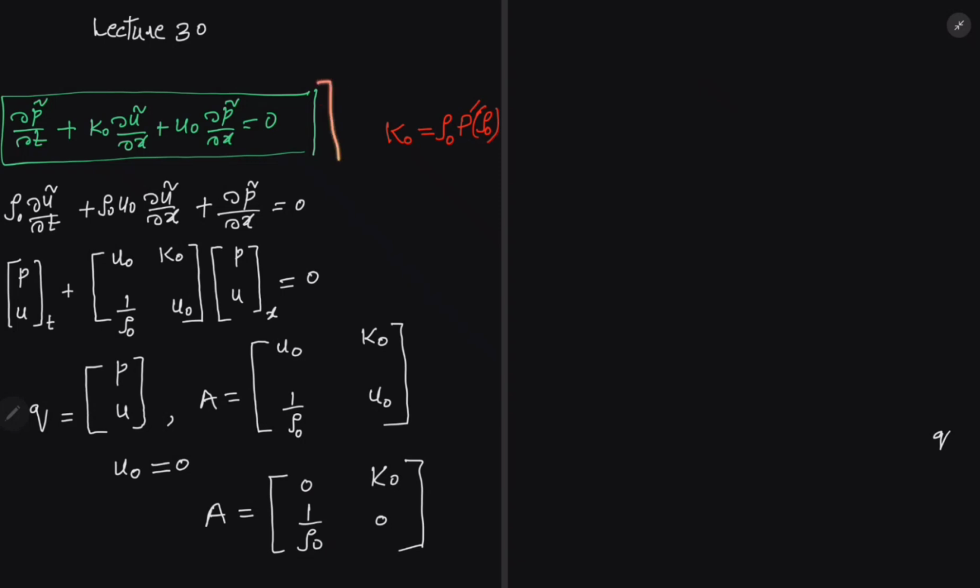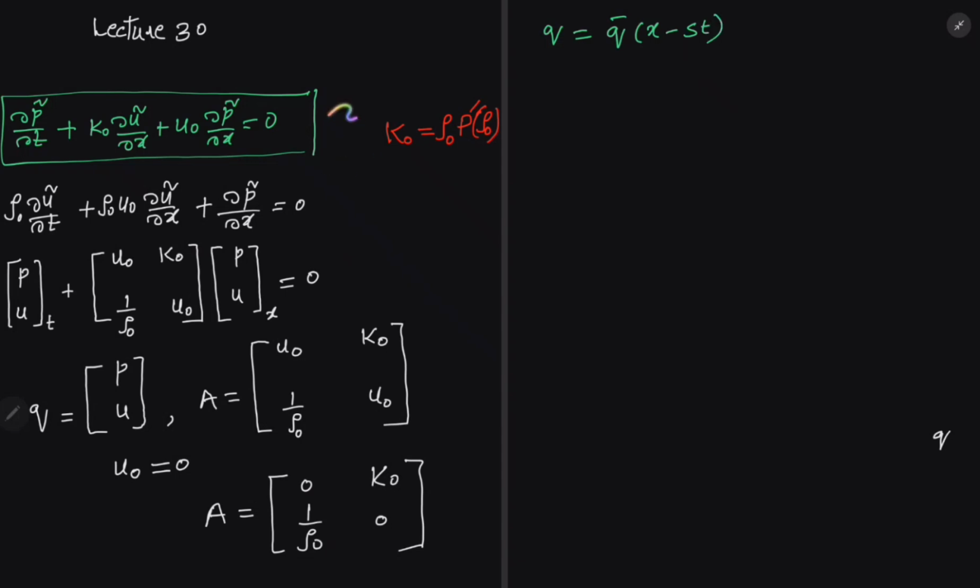Similarly, these are the acoustic equations, and the matrix form is here, and the coefficient matrix is given here. So it resembles the advection equation. So its solution will also look like this: Q is equal to Q bar of x minus st.